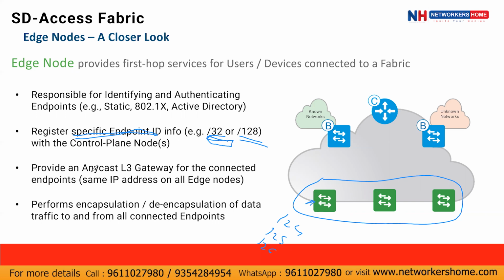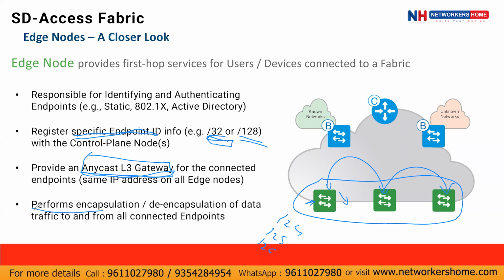Now it provides an anycast L3 gateway. Keep this in mind, anycast L3 gateway, we have it in the further slides. We'll look at what exactly is anycast L3 gateway and how it is helpful in the mobility part. If my endpoint is connected here and it moves here or here, how it will help, we'll discuss that part, because that's the main reason for mobility. How is it possible in SDA fabric?